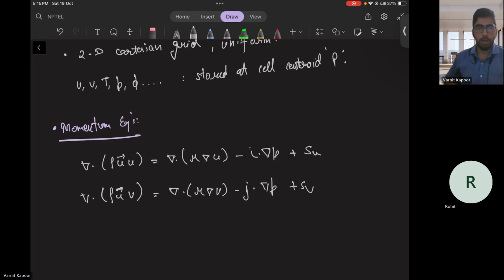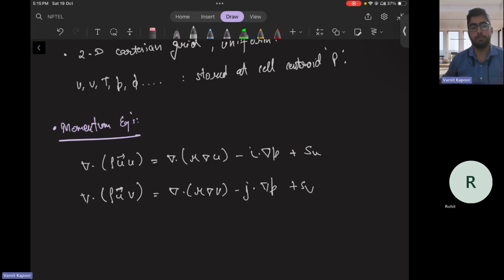Now to modify our SIMPLE algorithm as applied to collocated storage, we have considered a two-dimensional Cartesian grid, with a uniform mesh for simplicity, using a collocated grid.